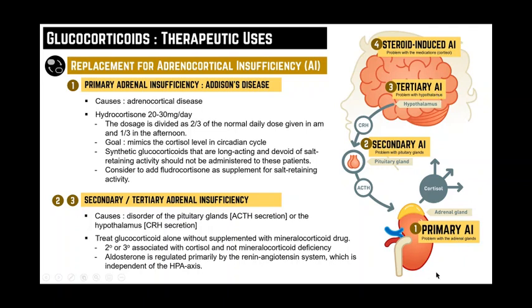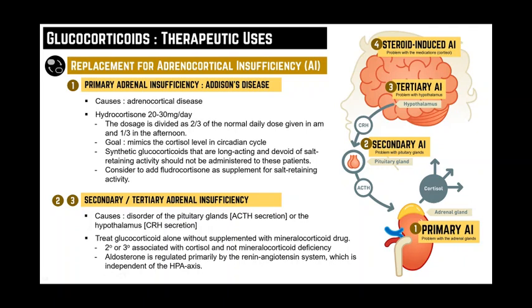So let's have a look here first. Primary adrenal insufficiency, also known as Addison disease, is due to the adrenal glands being so severely damaged that they can no longer produce hormones such as cortisol and aldosterone. This damage may be caused by autoimmune disease, where our immune system mistakenly attacks the adrenal glands.